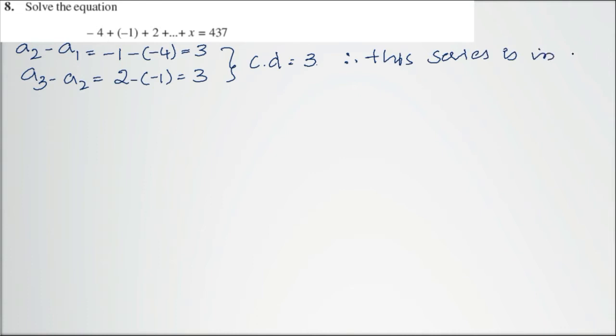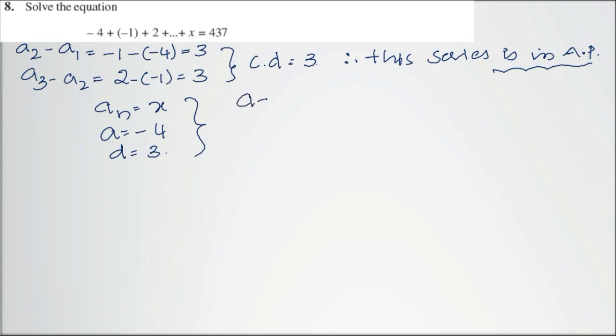is in arithmetic progression. Once I come to know that it's in arithmetic progression, I can make use of the nth term, which is x. The first term is -4, and the common difference just now we have found it as 3. With this information, I can get the value of n. N value is obtained using the formula a plus n minus 1 into d equal to an.